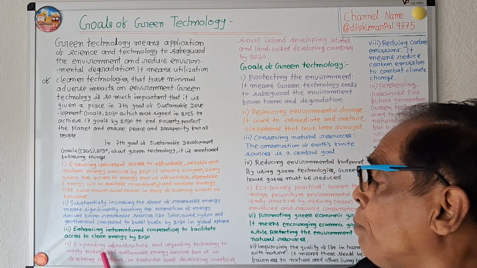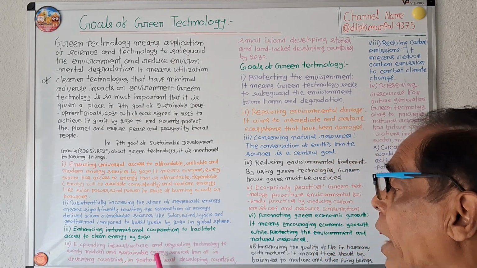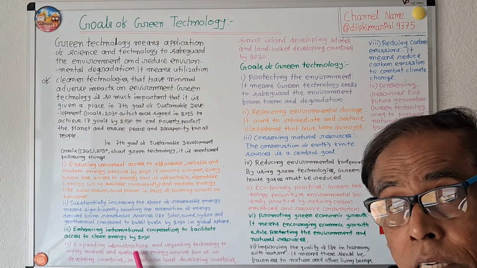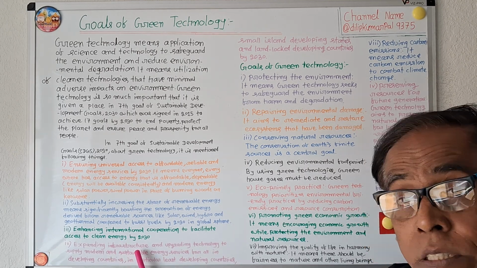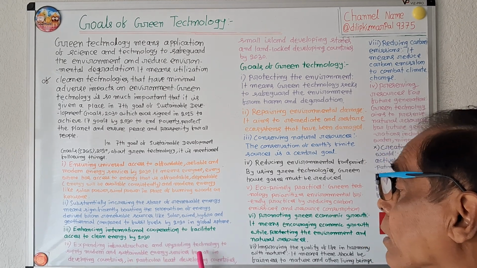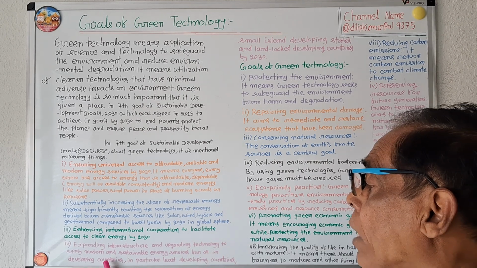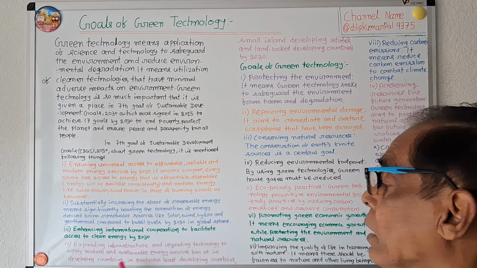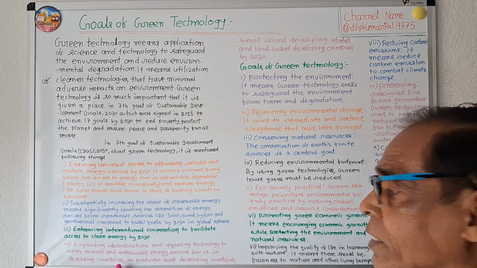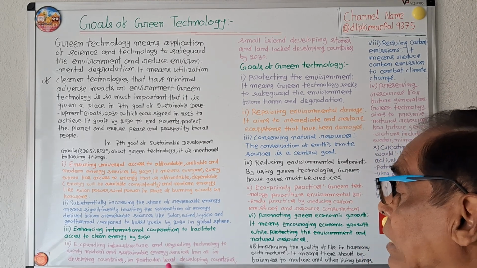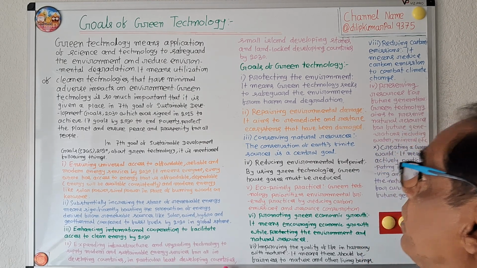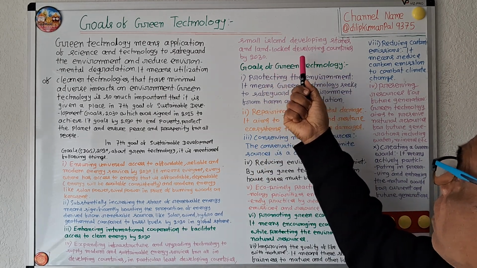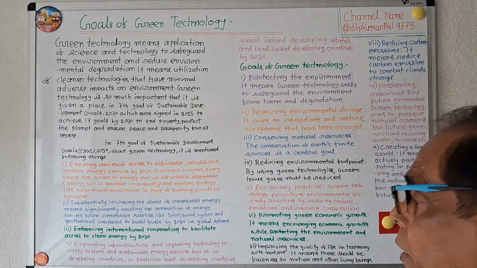Fourth, expanding infrastructure and upgrading technology to supply modern and sustainable energy services for all in developing countries, in particular least developed countries, small island developing states, and landlocked developing countries by 2030.